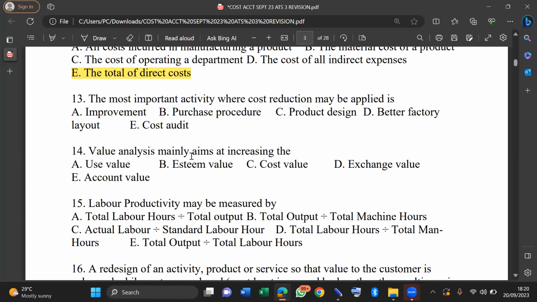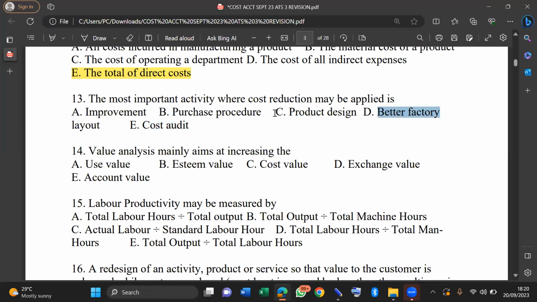Better factory layout has to do with how we want to structure our organization, the movement between our operation and other activities. That is also internal. Cost audit is a process by which we decide to write off some costs which are not necessary and consider some costs that are relevant.